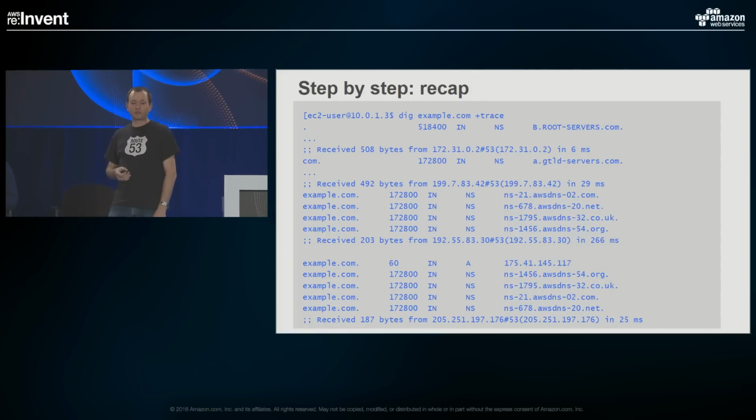It's going to scroll off your screen, but we've condensed it a bit here to show each of the different queries that happened. First was a query against your root name server. That's that top row. That gave back an answer for .com. Query against that name server then gave back the response for example.com. And finally, the query against Route 53 gave back the IP address, which is shown as 175.41.145.117.